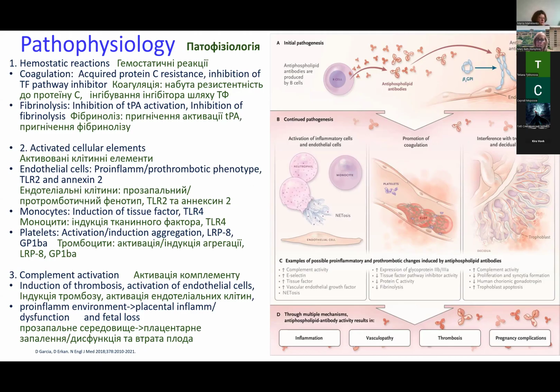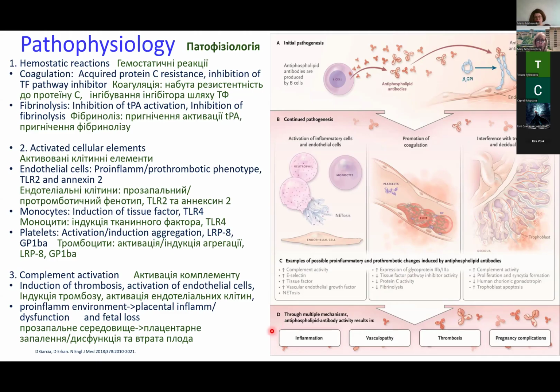So that's the initial pathogenesis with the antibodies recognizing phospholipids, and then you end up getting activation of neutrophils because of the tissue injury on the endothelial cells, which leads to netosis and clotting.